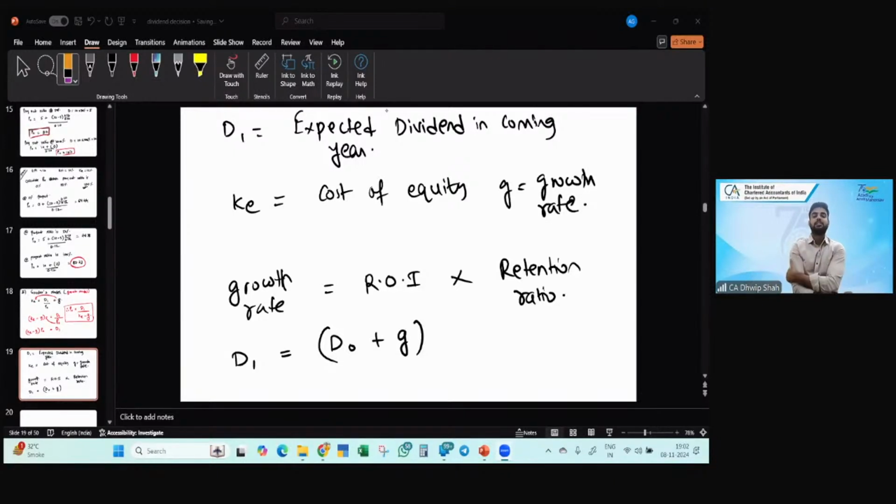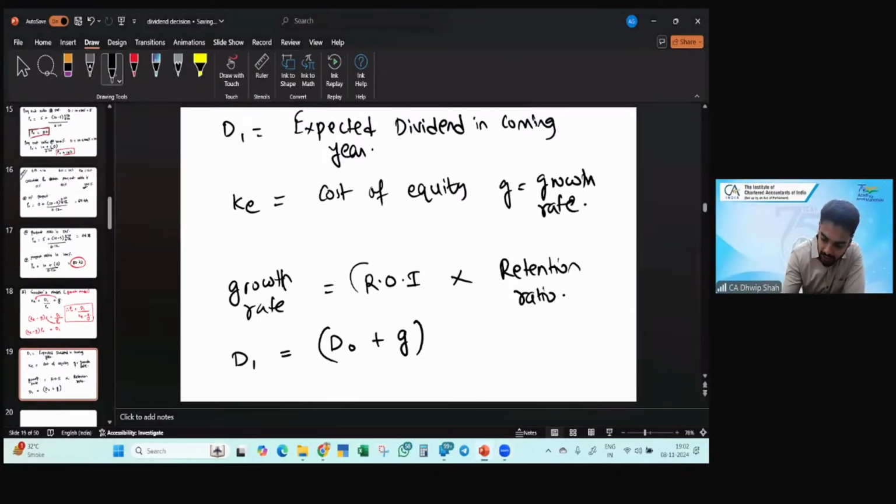So Gordon as well has a similar conclusion to what Walter did. When ROI is greater than K, can I say there would be much faster growth? Yes or no? There would be much faster growth in the company when return on investment is greater than cost of equity.